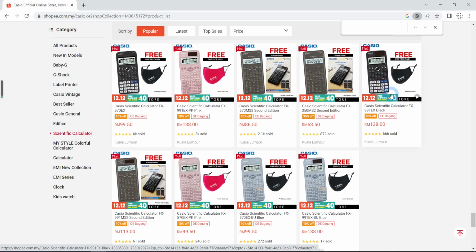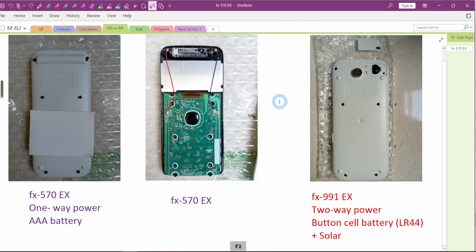There are 3 colors available for this model also: black, blue, and pink. Let me show you some other differences between these two calculators. For the FX570EX, this is one-way power. You can only use battery. The battery used is AAA battery. If you want to replace the battery, you need to take out 6 screws. 1, 2, 3, 4, 5, 6.